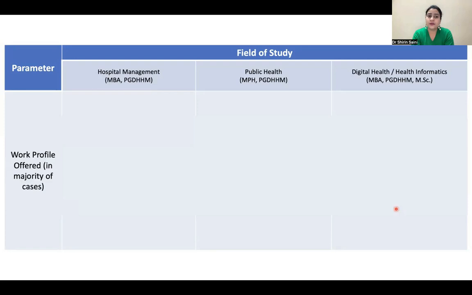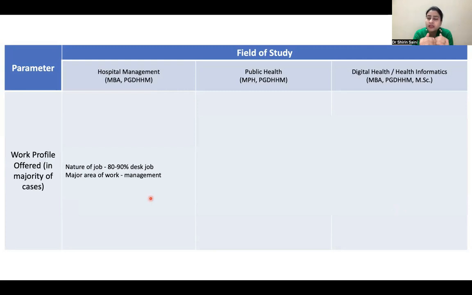Now the work profile which is offered in the majority of cases. This might differ, I'm not saying it is 100% the same, but in at least 70 to 80% of cases, this is the kind of work profile that will be offered to you. When I talk about hospital management, 80 to 90% of the nature of the job is a desk job.